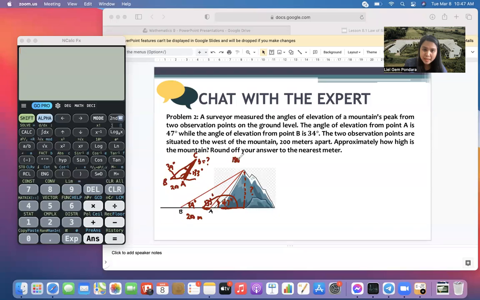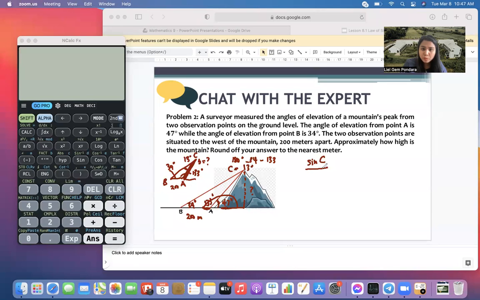So it becomes 180 minus 34 minus the linear pair, 133. What's the measure of angle C? 13 degrees. That's the top angle. 13 degrees there.